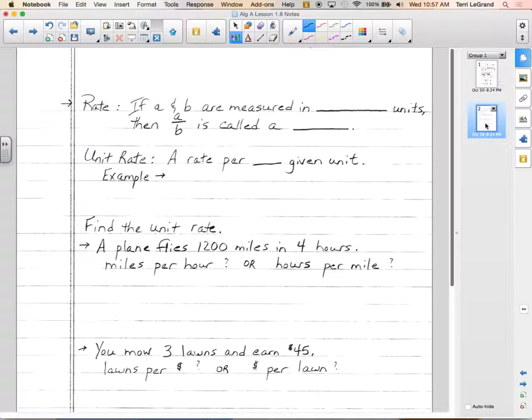So, if A and B are measured in different units, okay, so far we've been talking about ratios where the units are really the same. We're comparing games to games, people to people, okay? Those are the same units. If we have ratios though, if A and B are measured in different units, then our ratio is called a rate.